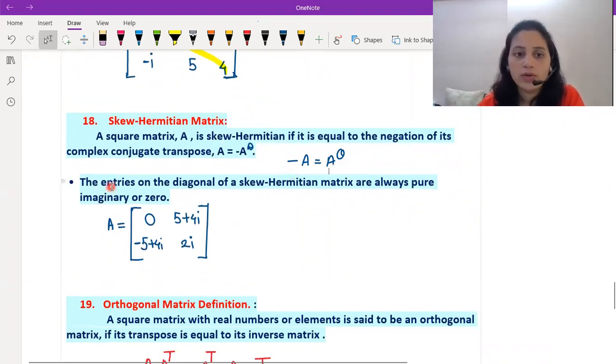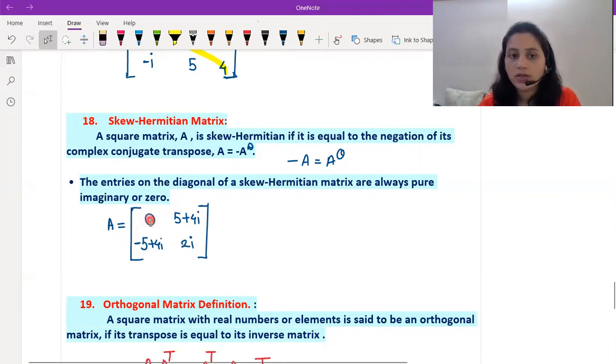And one more note: the diagonal elements of a skew-Hermitian matrix are always purely imaginary or zero. So what is that condition?